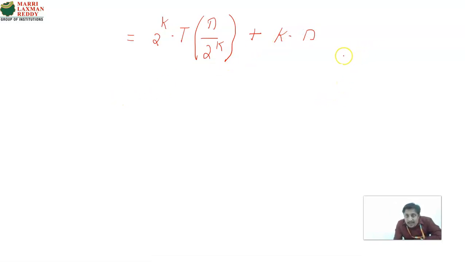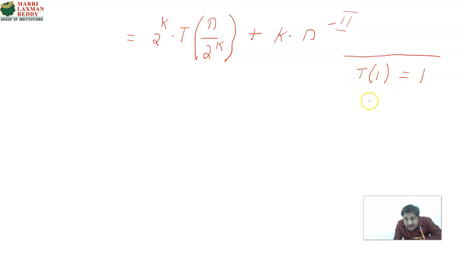We already know that our base value says T(1) = 1. So we have to change this general pattern into T(1), so that we can substitute the value of the base. Instead of n/2^k, we should make it T(1).